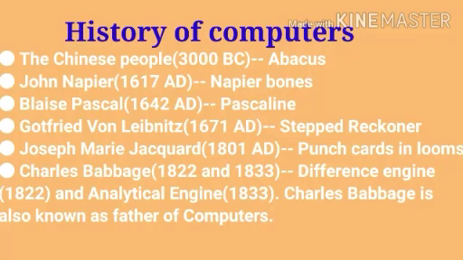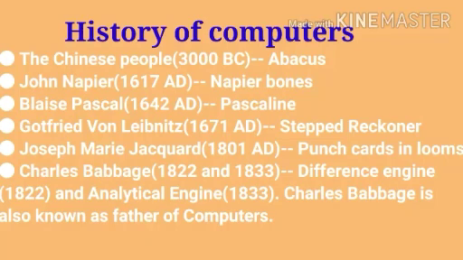In 1642 AD, Blaise Pascal, a French mathematician, developed a mechanical calculating device used for addition and subtraction, named Pascaline. In 1671 AD, Gottfried von Leibniz, a German mathematician, developed a machine that could multiply and divide, that is, the Stepped Reckoner. In 1801 AD, Joseph Marie Jacquard, a French weaver, introduced punch cards in looms.